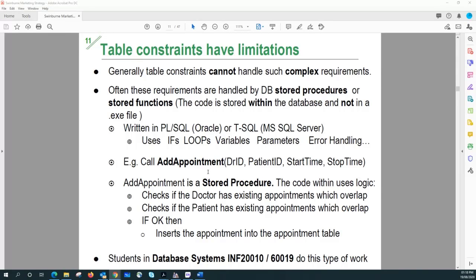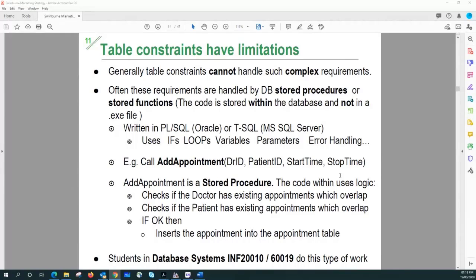We can write a small procedure like an add appointment procedure. We can give it the name add appointment, and then pass the parameters: doctor's ID, patient ID, the start time of the appointment and the stop time of the appointment. Then we can write a small piece of code to check whether there is any overlap.